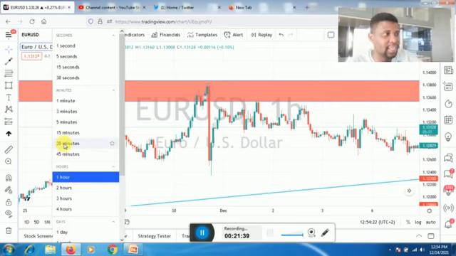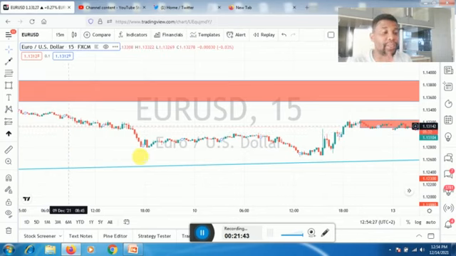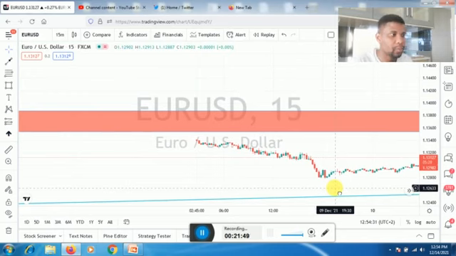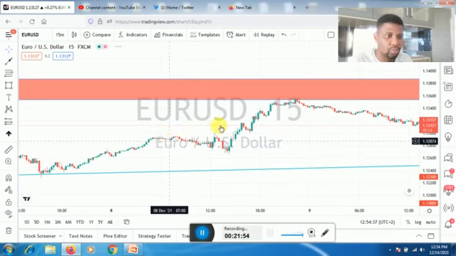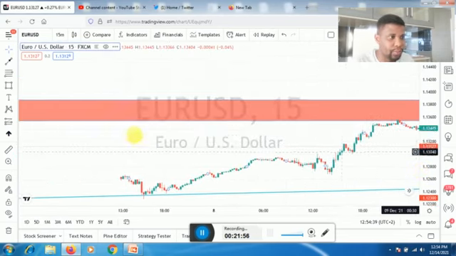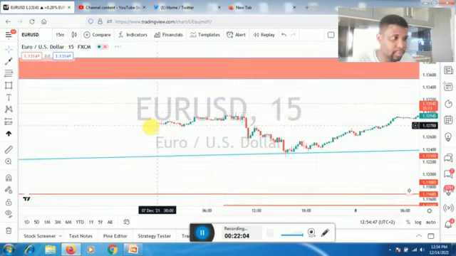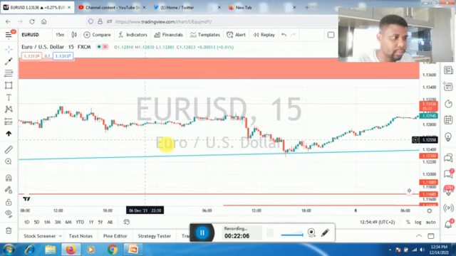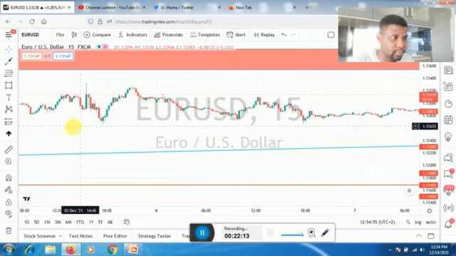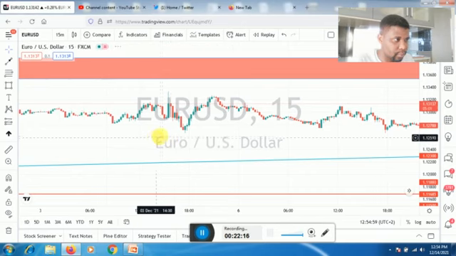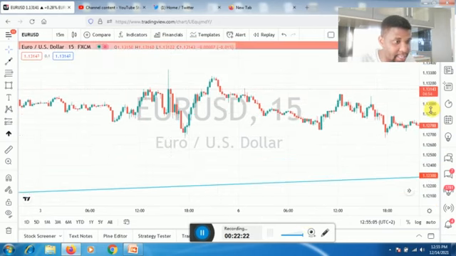Remember guys, this is still EURUSD, so it can be any dollar pair, even USDJPY, it's fine. Friday the 3rd. Yes, here's the NFP.